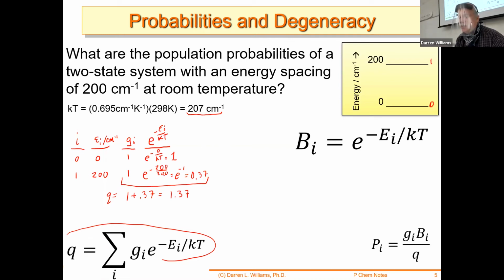Okay, so then the next piece is going to be the probability piece. Look here, it's the individual Boltzmann factor divided by Q. So it's this g_i times b_i up here, so it's this row. Essentially 1 divided by 1.37, and so it's 0.73.